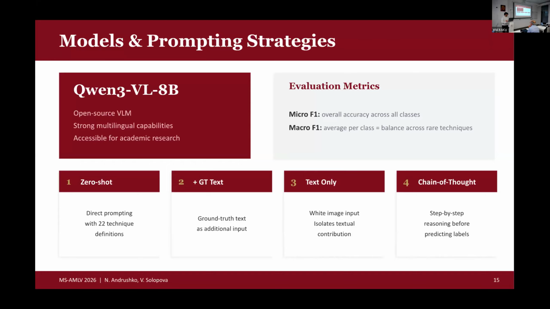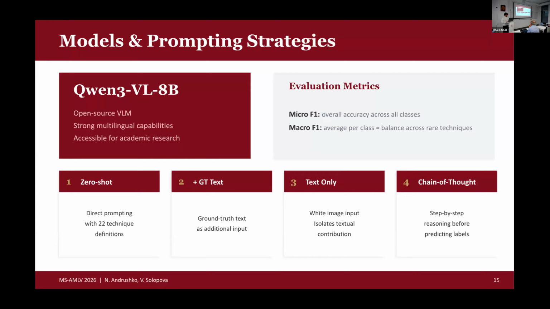First one was just zero shot. We just take the meme, send it to the VLM, and take the performance. Second one, instead of using a meme with text overlaid on it, we add the image and text separately. Therefore, we can be more precise about how the model uses the text input.